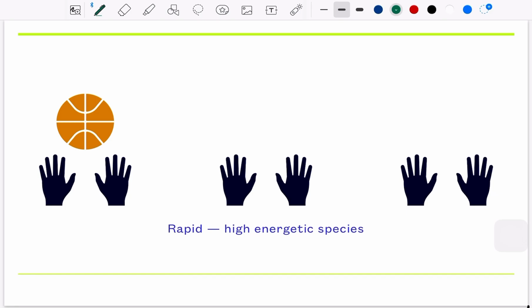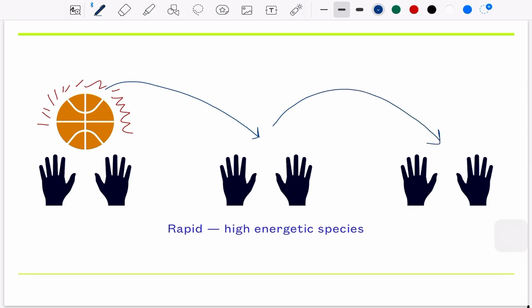Imagine it's really hot, like you cannot touch the ball for more than 5 seconds. So after 5 seconds, you need to give it to your friends. So you need to pass the ball to your friend, and then your friend also needs to pass the ball to another friend, and so on, and so forth, okay?